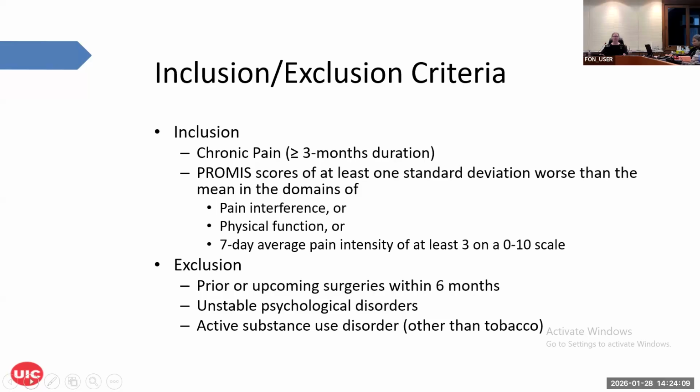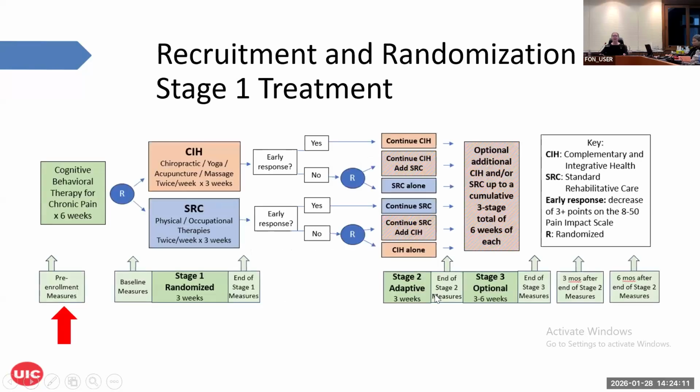Okay. So here we go. And I kind of walked you through a little bit of this before when I was describing what the SMART design is. So the pre-enrollment measures. The reason this is a pragmatic clinical trial is this is exactly what we do in normal clinical practice.